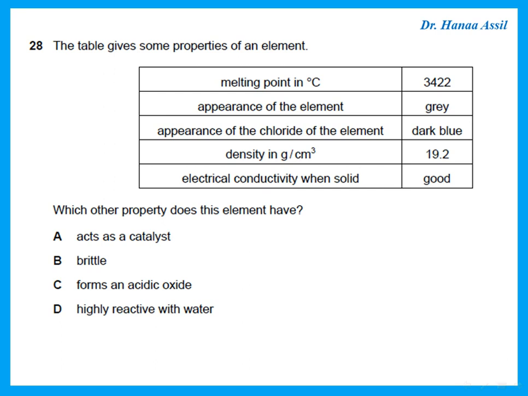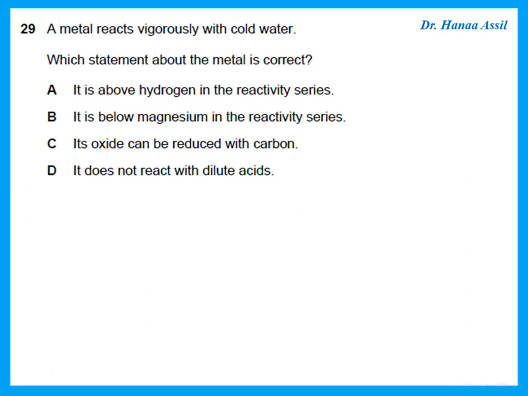Electrical conductivity when solid is good. So that means it's a metal, and it means that it is a transition metal. Remember, the transition metal is the one that has high melting point, high density, and forms colored compounds. So which other property would apply to transition metals? Remember, transition metals can act as catalysts.